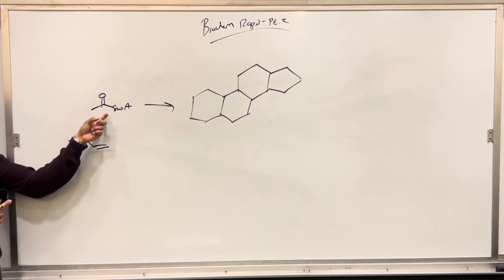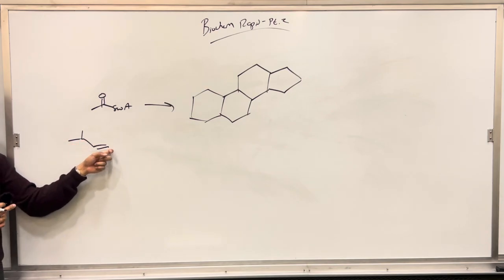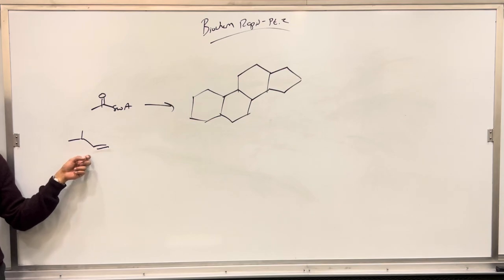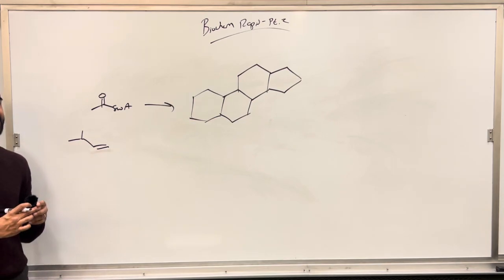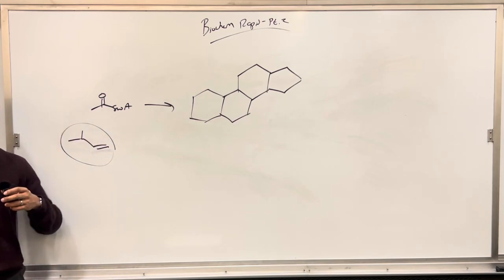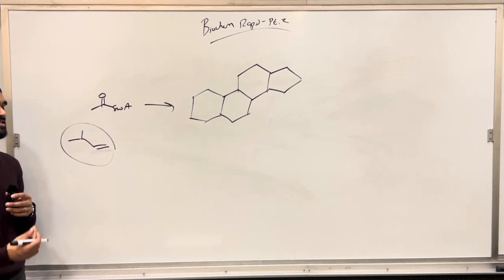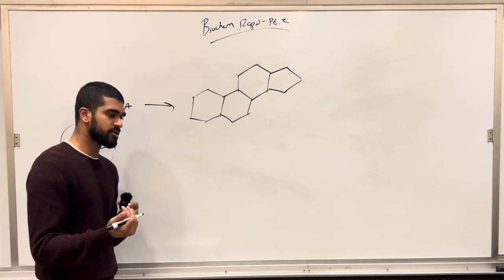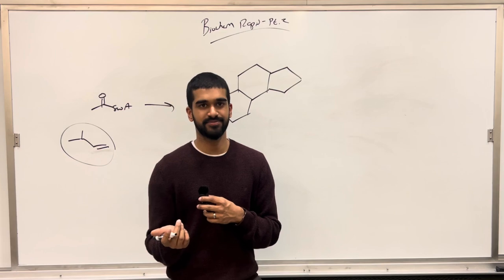I never really understood because we said we make it from 2 carbons, and then you got 1, 2, 3, 4. Why is there 5 carbons here? So that doesn't really make sense to me. But they want you to know that somewhere in the cholesterol synthesis pathway there is an isoprene unit. And that cholesterol can be built up of back-to-back-to-back isoprene units. And then when you build up isoprene units together, they can make these things called terpenes.